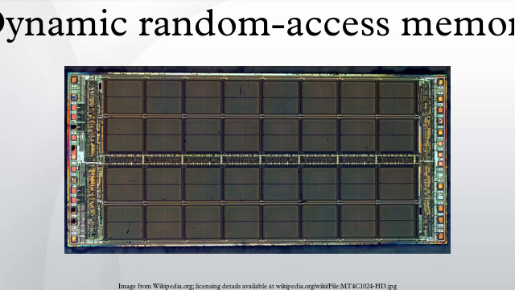Burst EDO DRAM. An evolution of EDO DRAM, Burst EDO DRAM could process 4 memory addresses in one burst, for a maximum of 5-1-1-1, saving an additional 3 clocks over optimally designed EDO memory. It was done by adding an address counter on the chip to keep track of the next address.